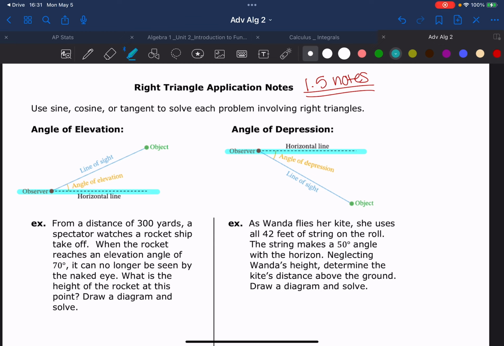If the angle is an angle of elevation, it's going to be above that horizontal line, which means that the observer is looking up, so the angle is going up, hence angle of elevation. For angle of depression, the observer could be looking down or away from that horizontal line, which means the angle would be going down, so it'd be an angle of depression.